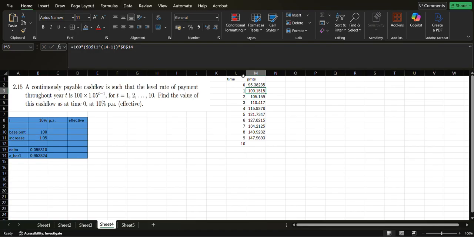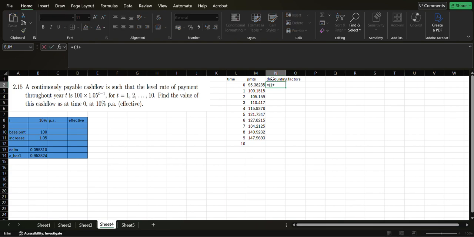Okay. In the end, it looks like we have a payment structure that is in advance because the A bar 1 takes a continuous payment stream during any given year and sets it back 1 year. And so now because we've converted from continuous payments to discrete cash flows at discrete times, we can get our discounting factors as we usually do, and that's simply 1 plus delta.